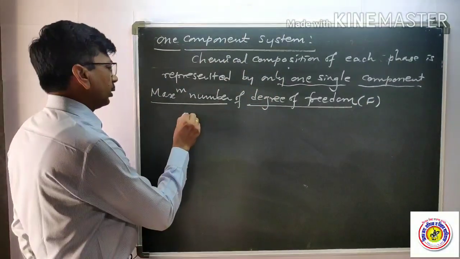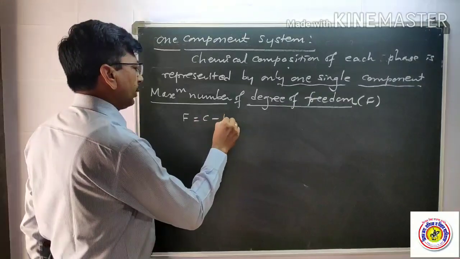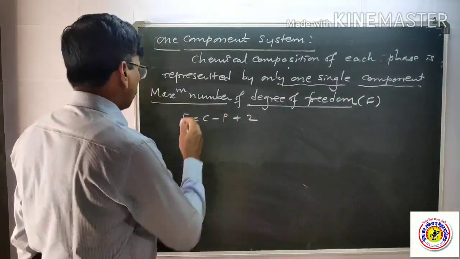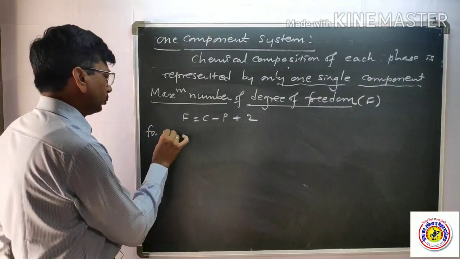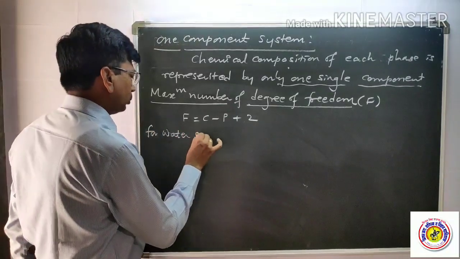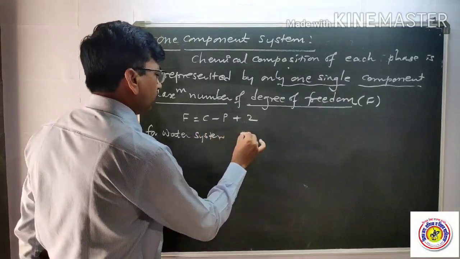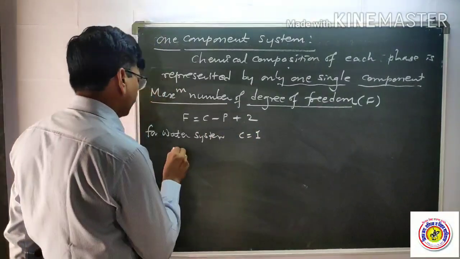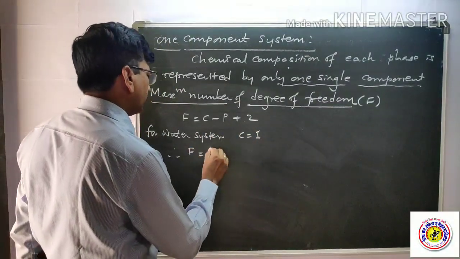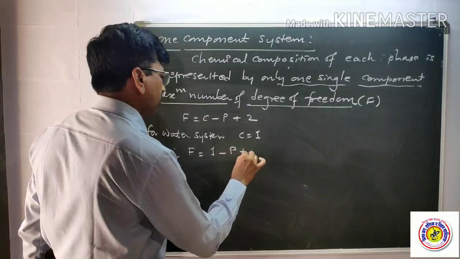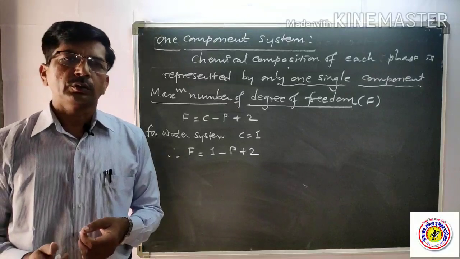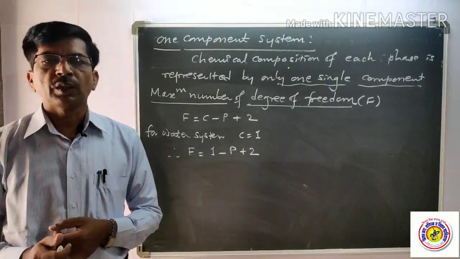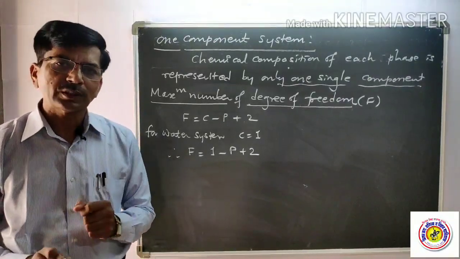We know that F is equal to C minus P plus 2. For this one component water system, C is equal to 1. Therefore, F is equal to 1 minus P plus 2. Now, to find the number of degrees of freedom, at least one phase must be present.